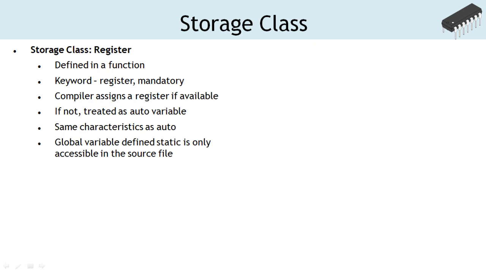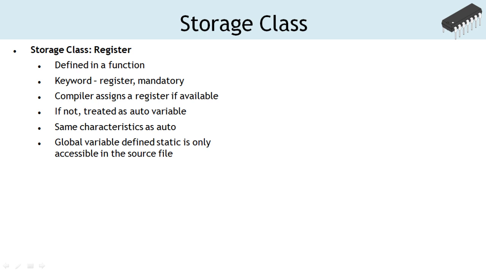Some programs are time critical and it is desirable to reduce the execution time. For such programs, the variables used in function can be placed in the registers provided by the microcontroller. It reduces the time to move the data between memory and the register. The keyword register is specified at the beginning of the variable definition.